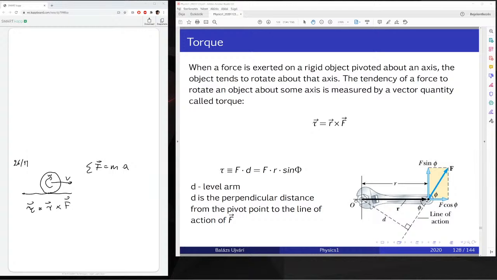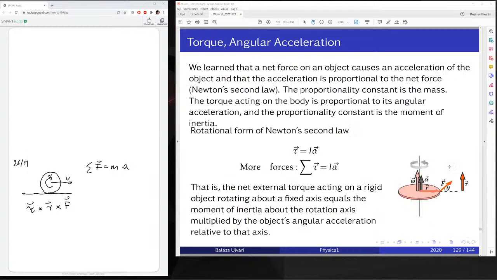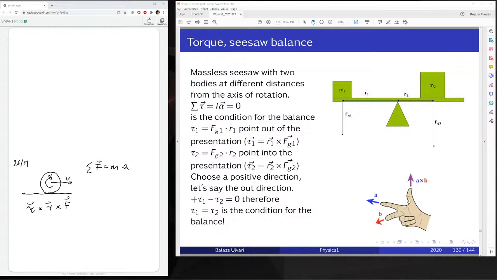We have to fix the origin at the axis of the rotation, and then if the force acts here, this is the point of the action, and the force vector is this force, we have to calculate this r cross F. Do you remember how to calculate the cross product? r is the a, b is the force, and the cross product goes in that direction.